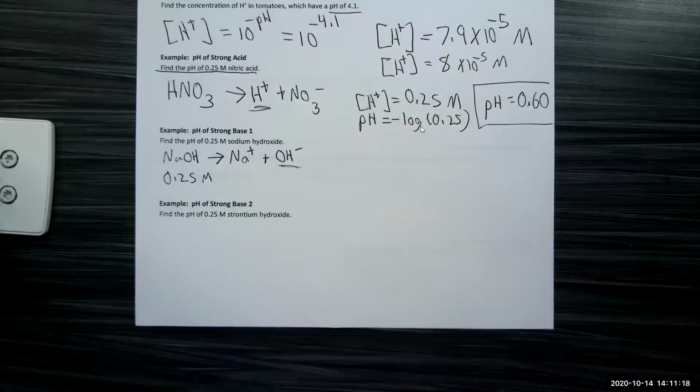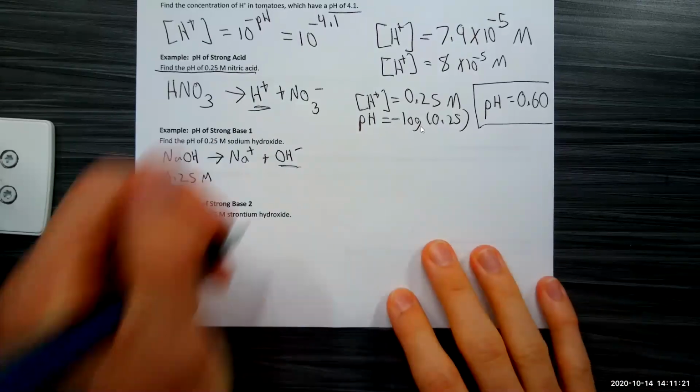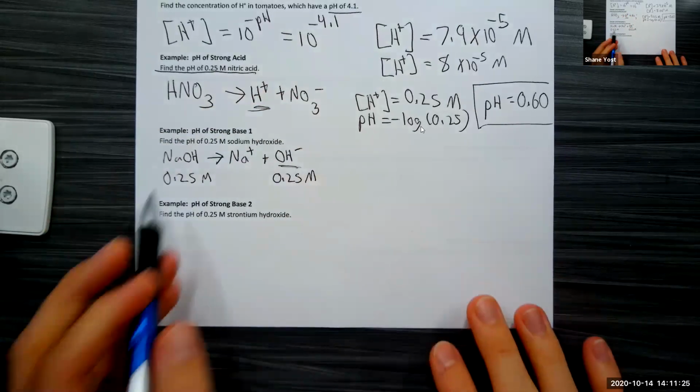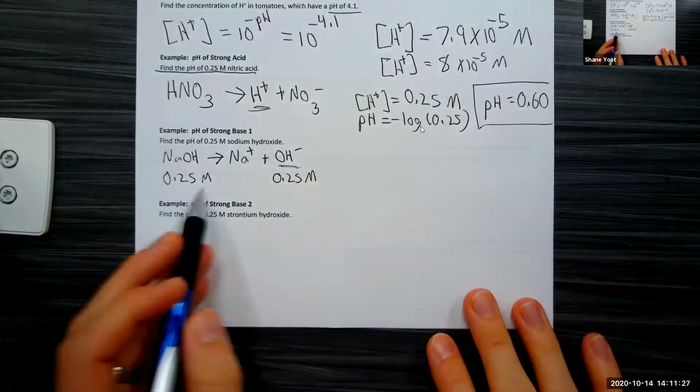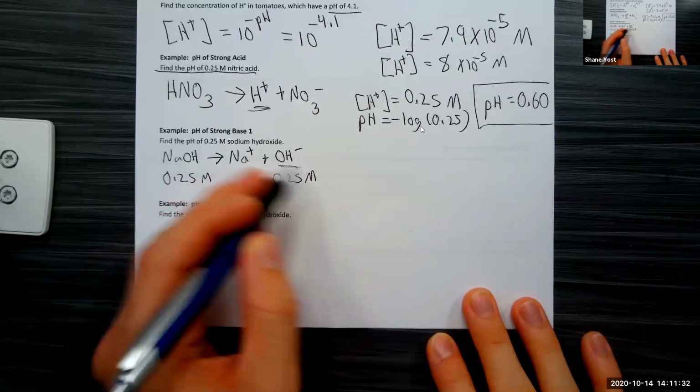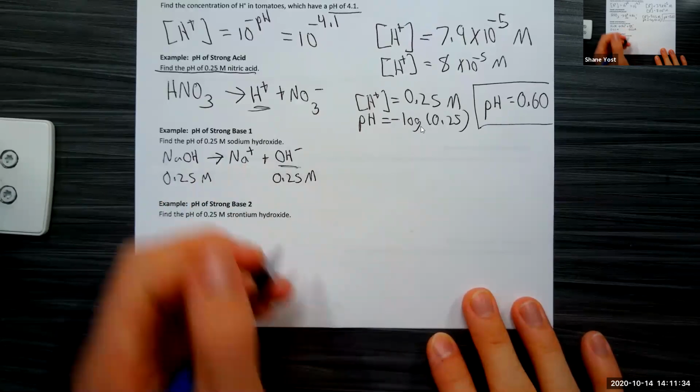Is it 0.25? Yep. 0.25 molar. This thing fully breaks apart. So if I start off with 0.25 molar sodium hydroxide, this will form 0.25 molar OH.